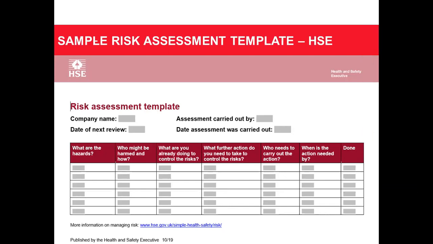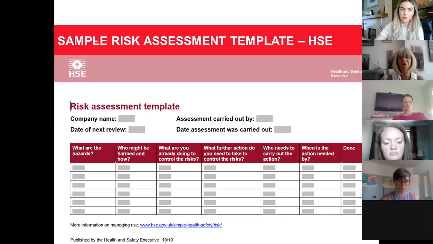The next column is you need to consider who might be harmed by that hazard. Now, you may or may not know that as an employer, we have a duty of care to anyone who is on our premises or anyone who's affected by our work activities.